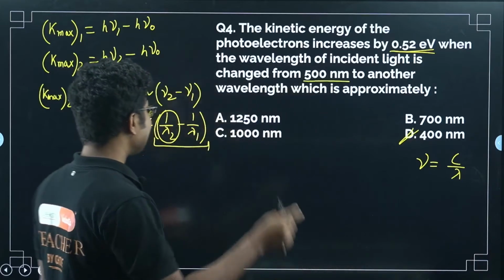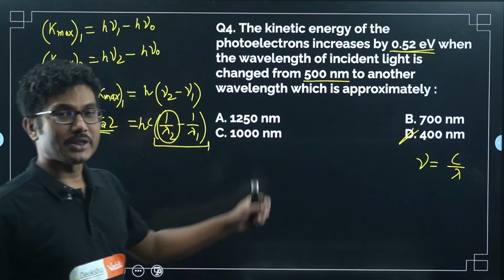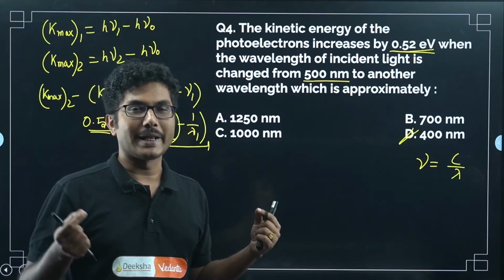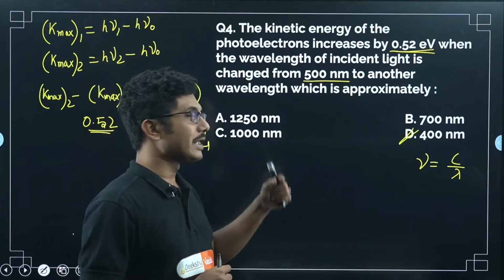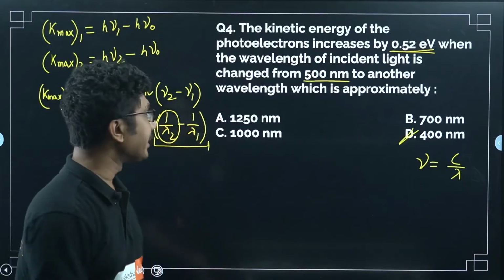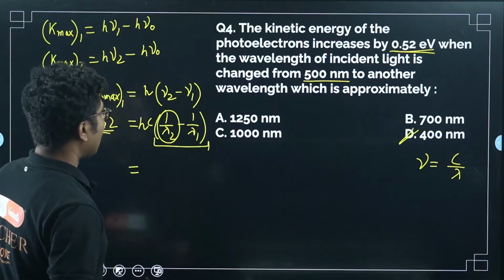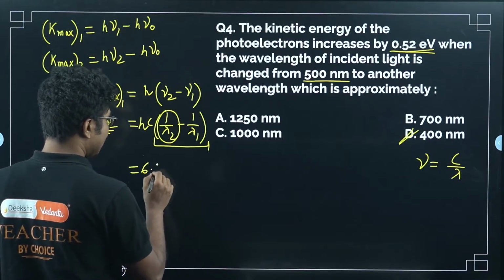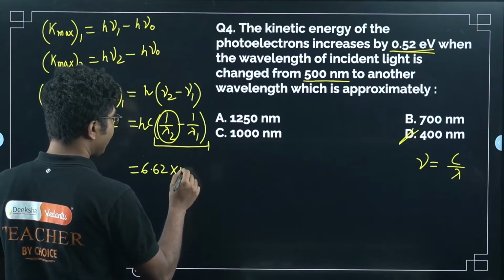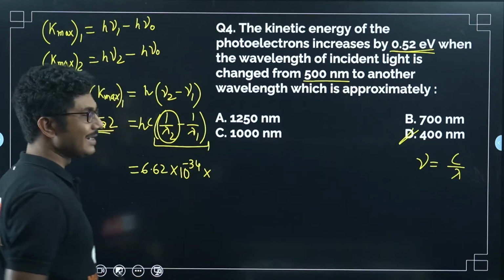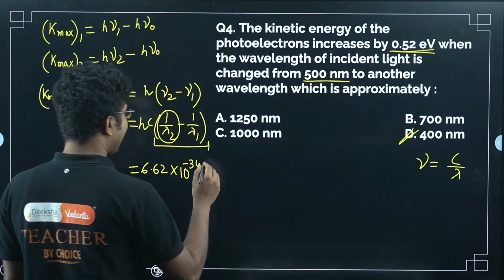Since this is a little complicated problem, this kind of problem will always come with a catch, where if you use your brain a little bit, you can solve these questions without going into deeper mathematical calculations. Now h is 6.62 times 10 to the power of minus 34, and c is 3 times 10 to the power of 8.